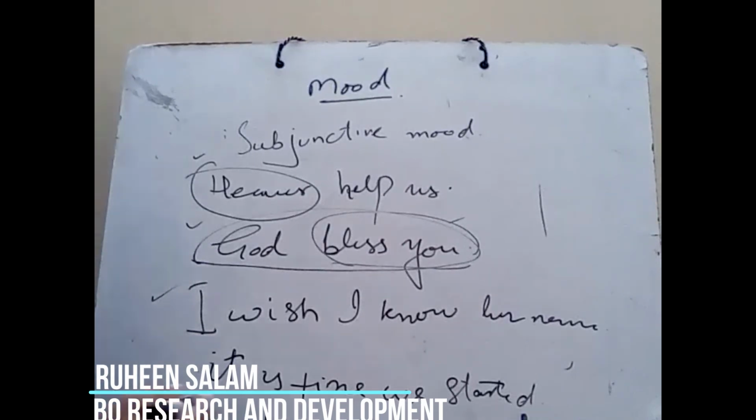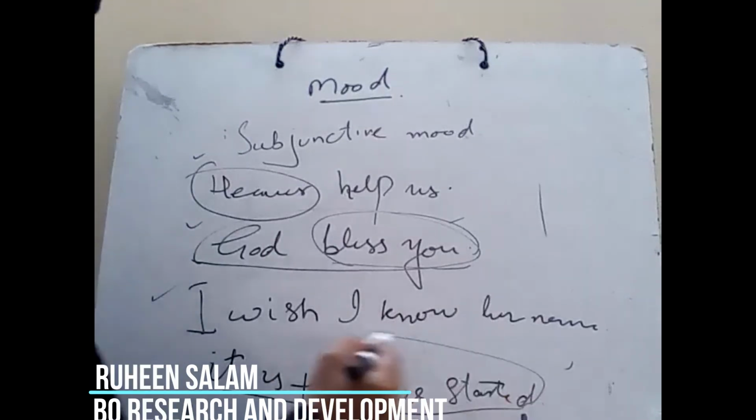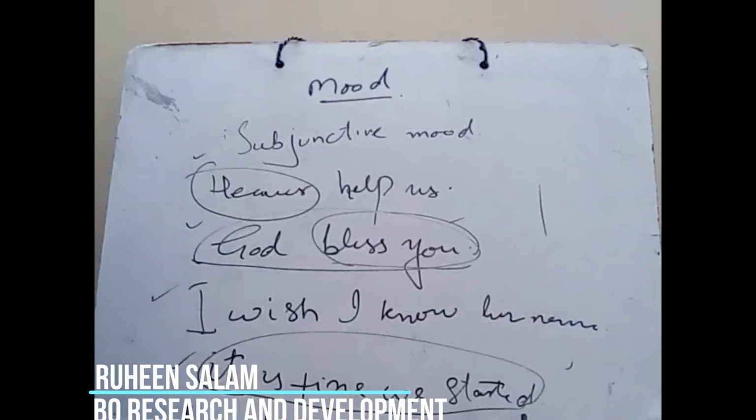This very thing is related to which category? Either it's imperative, subjunctive, interrogative, or conditional, we don't know. How can we know? This very thing is also related to subjunctive.